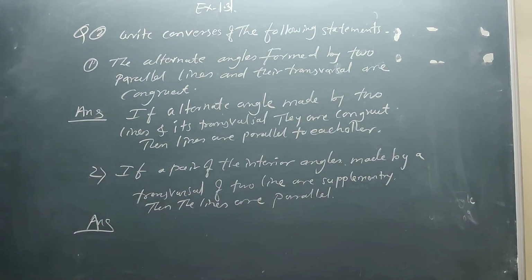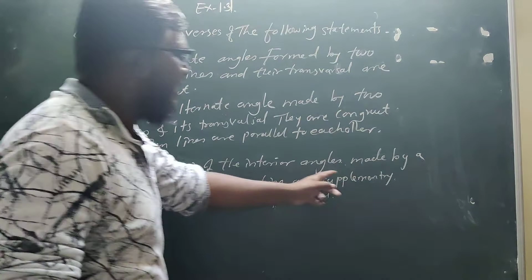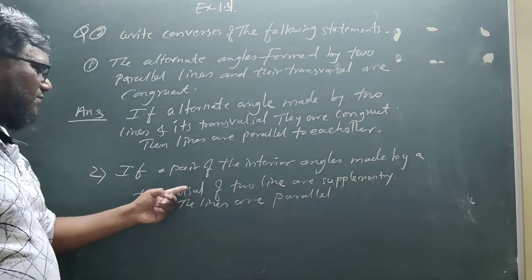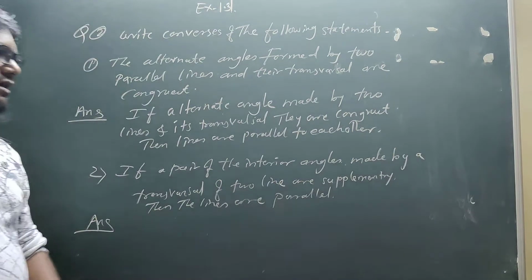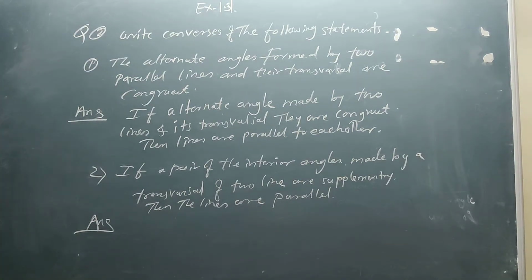Now what is the second one? If a pair of interior angles made by a transversal of two lines are supplementary, then the lines are parallel. Now we have to write the answer.